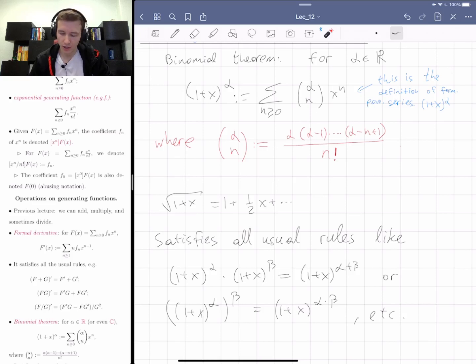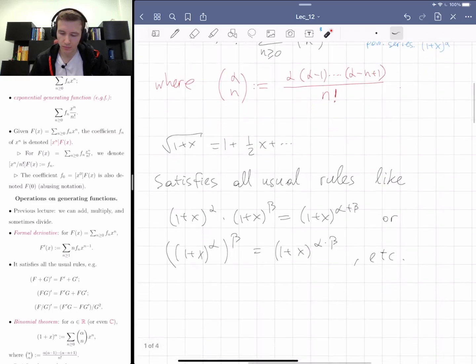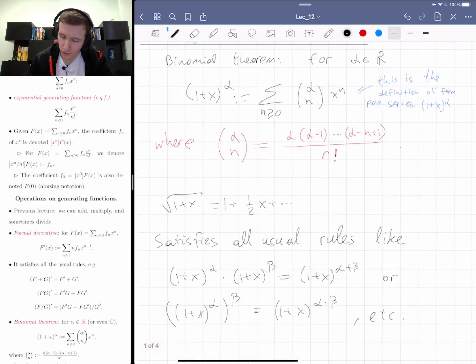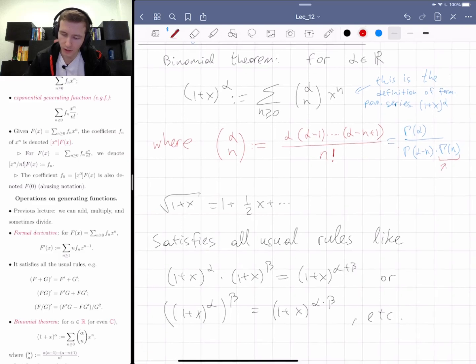Yeah. So I think this should be just gamma of alpha divided by gamma of alpha minus n times gamma of n, which by definition, gamma of n is n factorial, and the ratio of these should be just the numerator.